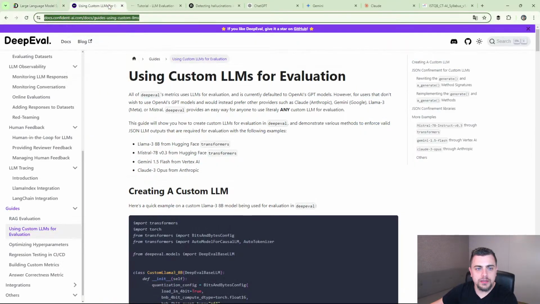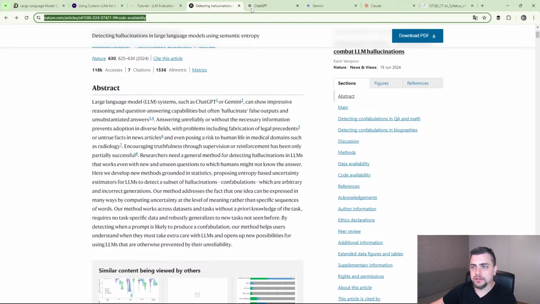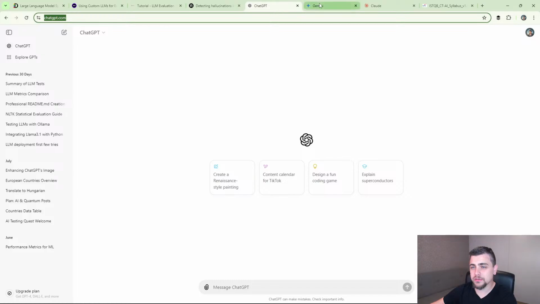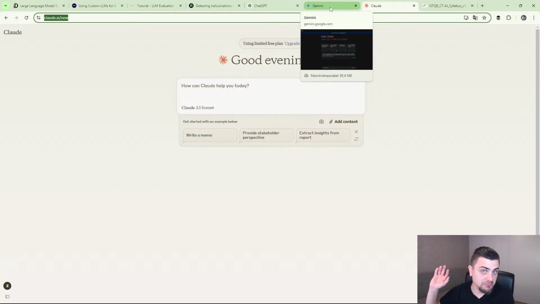But we will use DeepEval maybe, or maybe Evidently AI as well. And I opened the three large language models, ChatGPT, Gemini, and Claude. Maybe we will need them for some exploration for now, maybe for the next session.